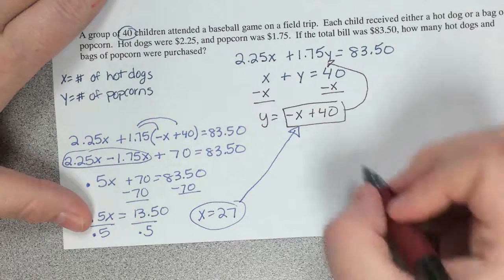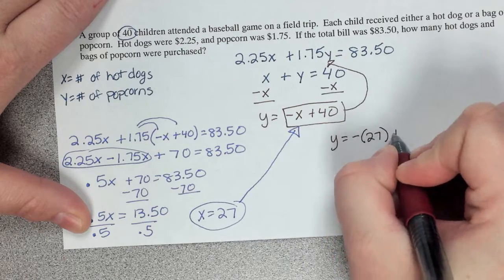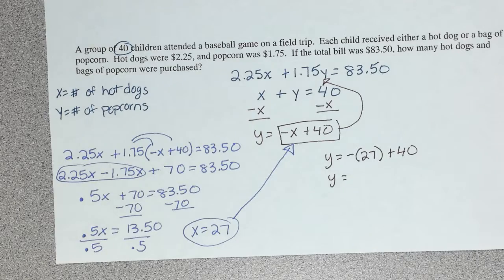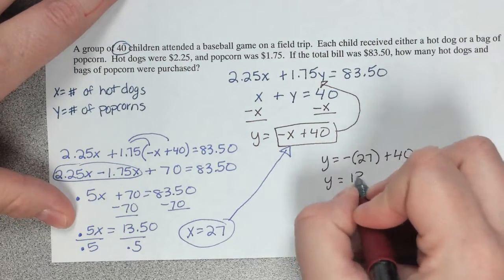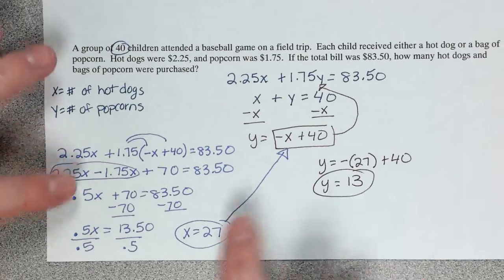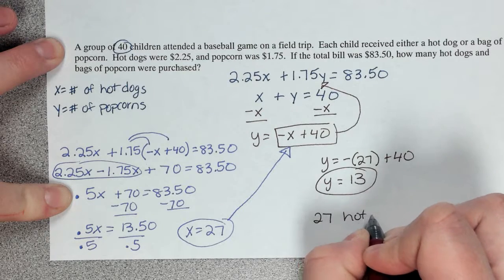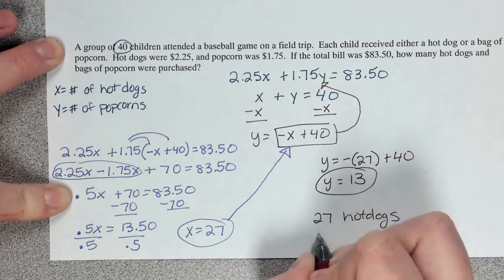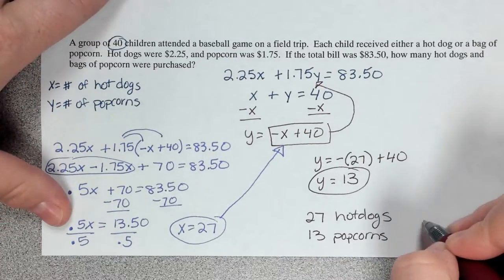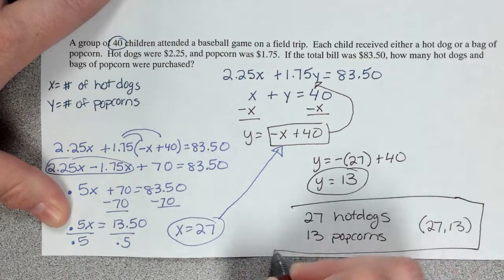Okay, so now that I've got that, I have y is equal to negative 27 plus 40. Well, negative 27 plus 40 should give me 13. So my final answer is going to go back to what it means. I have 27 hot dogs and 13 popcorns. And if I graph that, my answer would be 27, 13. And that's it.